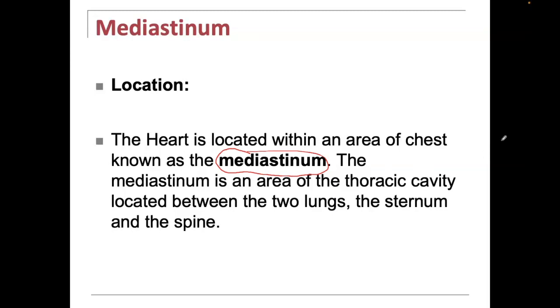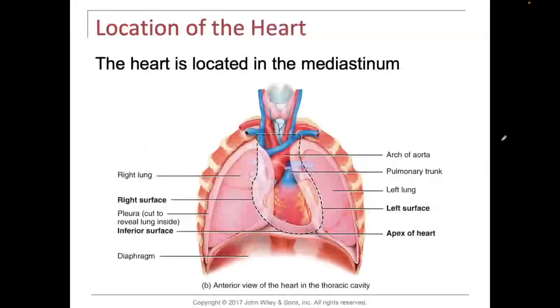It's between the two lungs, behind the sternum, but in front of the spine, and superior to this muscle called the diaphragm. And it is slightly to the left of midline, and the apex of the heart is certainly to the left of midline.